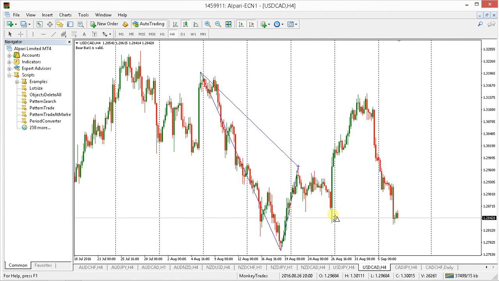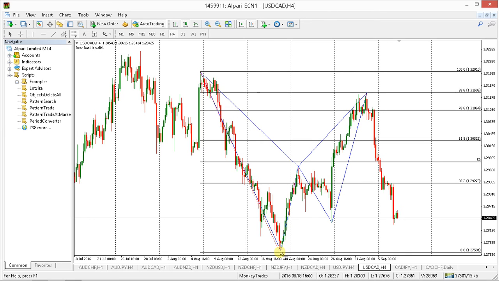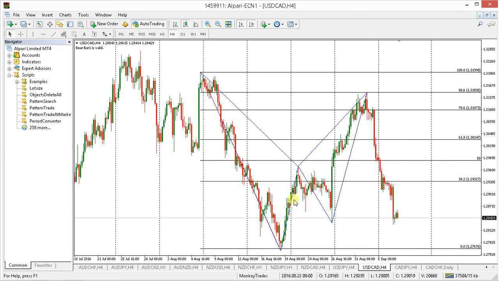The only thing that is left, you need to check if what you see obeys the rules or if it doesn't. Okay, how do you check it? You check it with the Fibonacci retracement tool, retracement and extension. B point should be at least 382 to 50 because it is a bat pattern 1. 382 to 50.